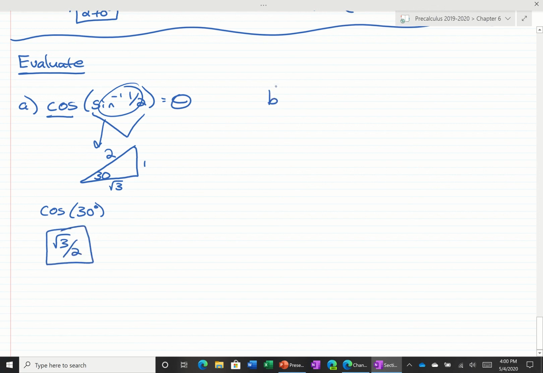It doesn't always have to be a special triangle. Like what if I asked you what's the tangent of the inverse cosine of 5/3? Oh, no, let's not do 5/3. Let's use 3/5. Yeah, it's a good problem. Okay, well, this is going to give us an angle. I'm going to draw a triangle.